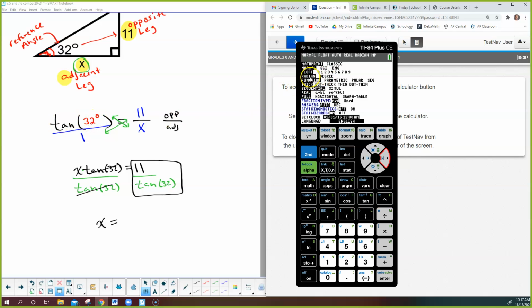So you need to just go down and go over and hit enter and see how that darkens there. So I highlighted the degree, and you technically only need to do that once. But if you're using the calculator on your Chromebook, I would check that every time you open it because I'm not sure if it resets. I think it doesn't, but you just want to be safe. If you're in the wrong mode, everything else that we're going to do here is going to be wrong.